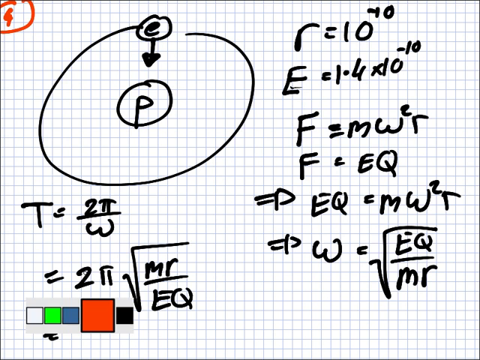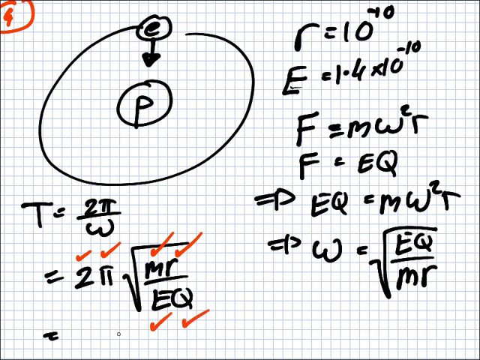Now, we know 2, we know pi, we know the mass of the electron, we know the radius of the orbit, we were given the electric field strength and we know the charge of an electron. So we can now work out the periodic time. I'll give you a minute to write it down before I type it in.